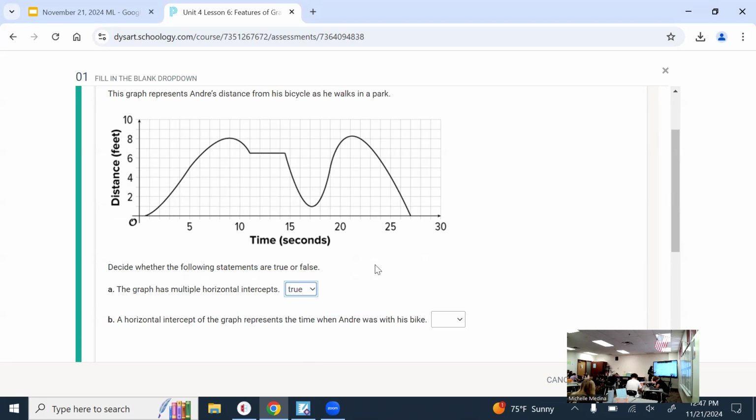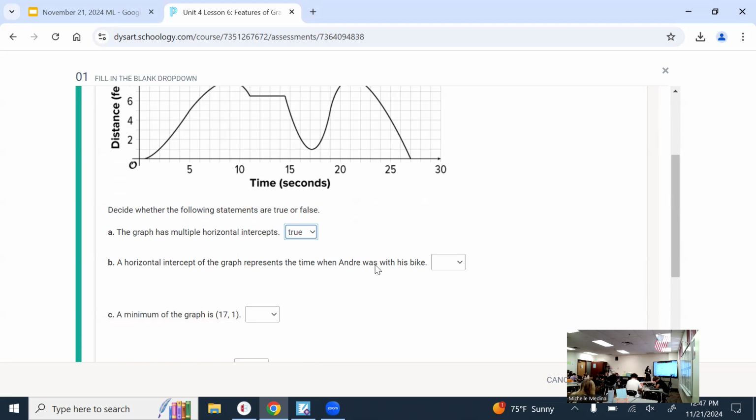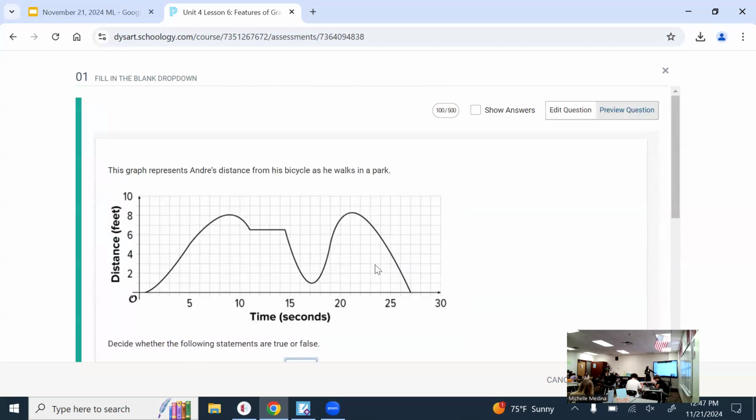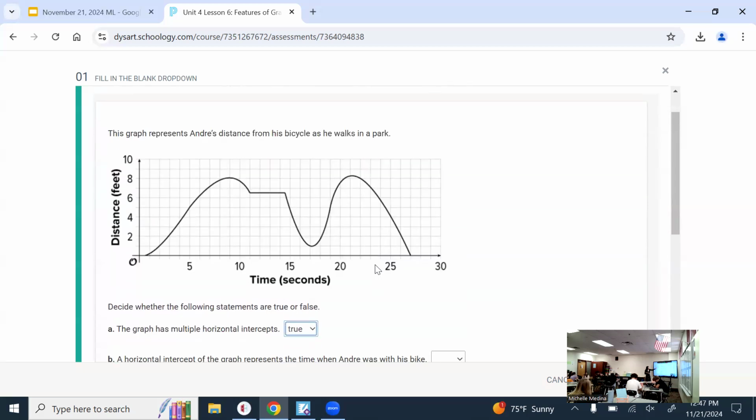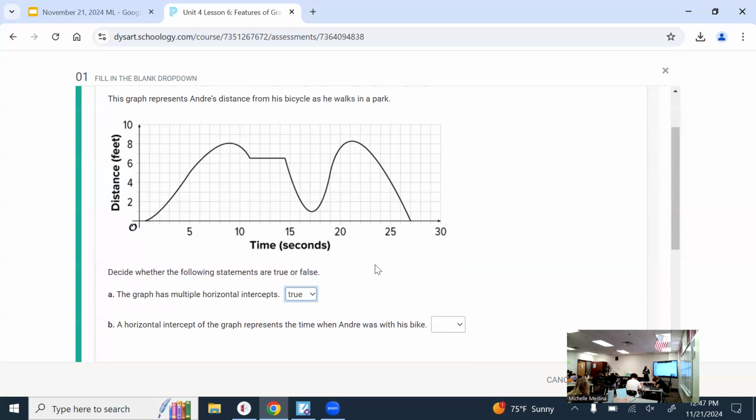That is true. The next statement: the horizontal intercept of the graph, or one of them, represents the time when Andre was with his bike. Let me reread what the situation was. The graph represents his distance from his bicycle as he walks in a park.